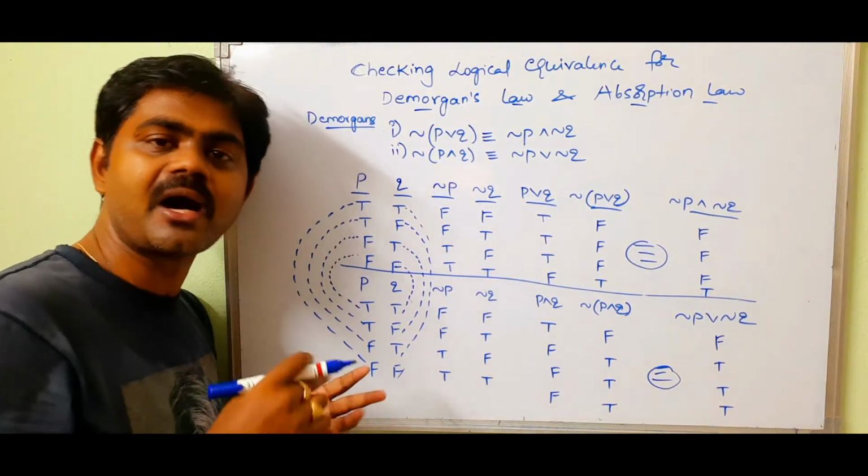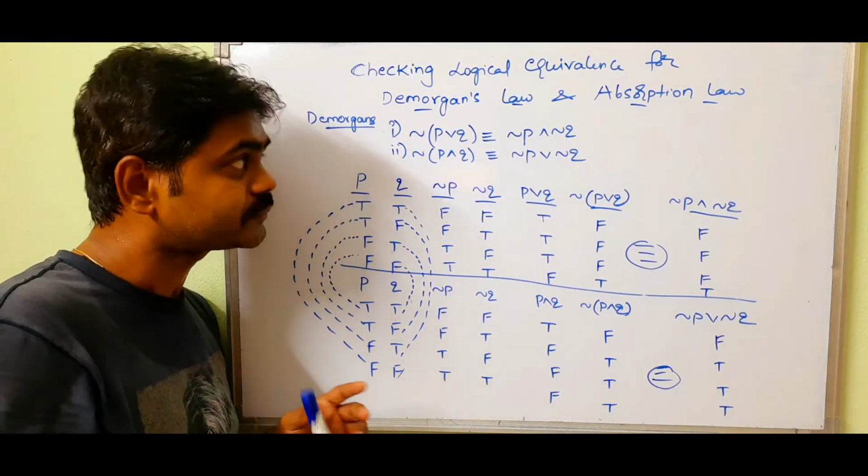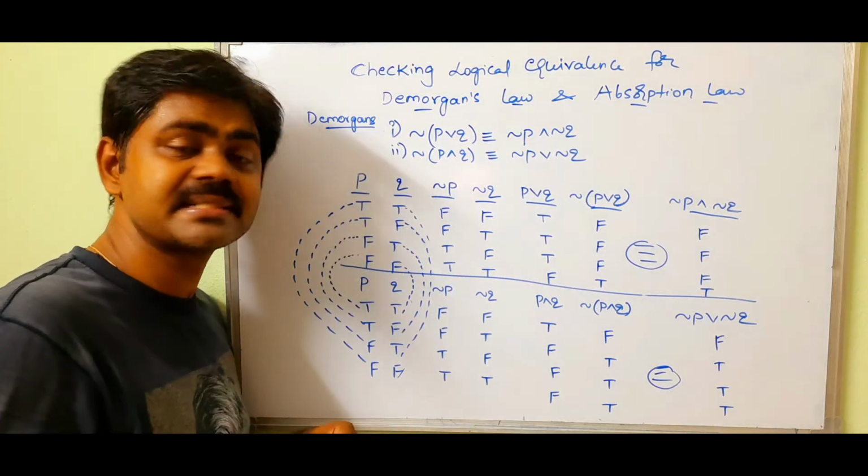That is what the dual is, right? Or becomes and, and becomes or. So we have solved De Morgan's law.